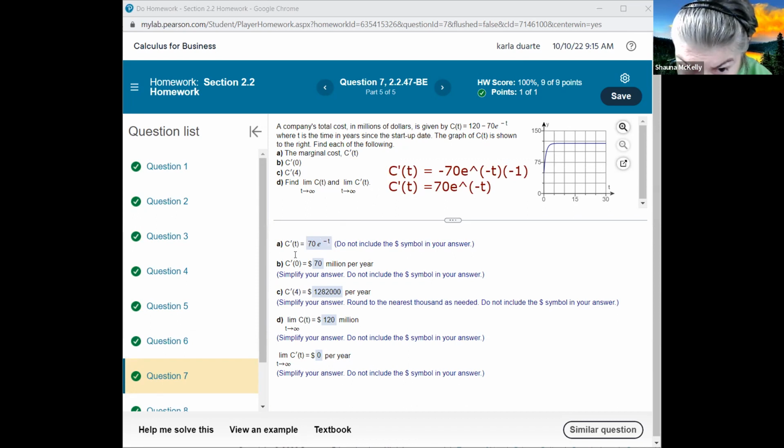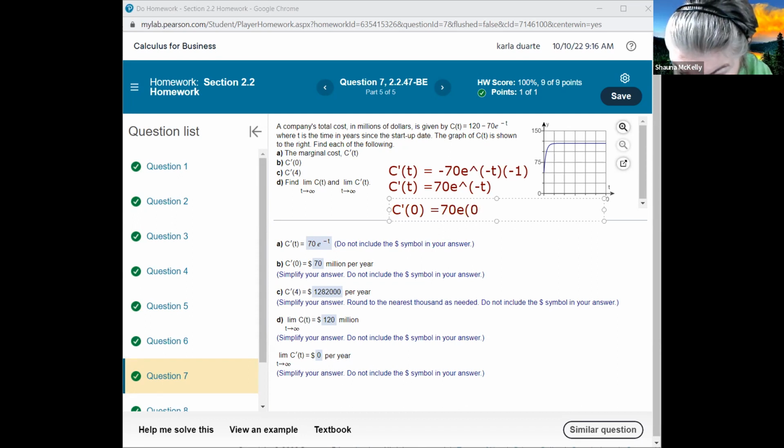Now part B says, evaluate C prime, which is the thing we just obtained, evaluate that at 0. Okay, well, if I put 0 in for t here, then I have e to the 0 power. So this becomes C prime at 0 is equal to 70 e to the 0 power.